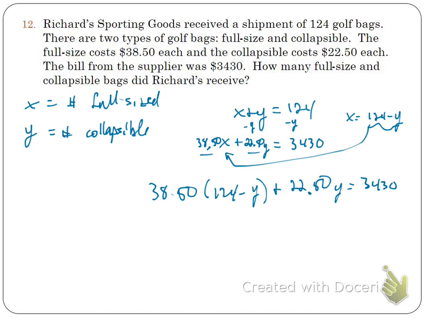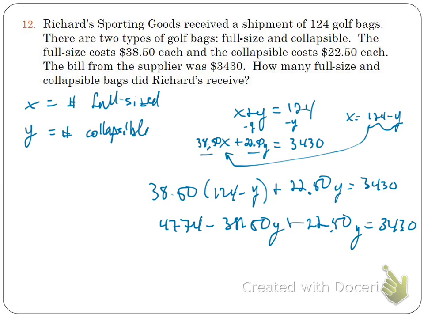Okay, and now we need a little help from our handy dandy calculator to solve this out. So we distribute that 38.50. We get 4,774 minus 38.50y plus 22.50y equals 3,430.